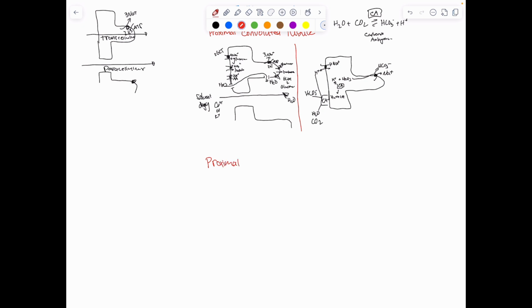the proximal straight tubule, for chlorine. And so I'm going to draw another cell here. And then in this cell we have hydrogen and a base.